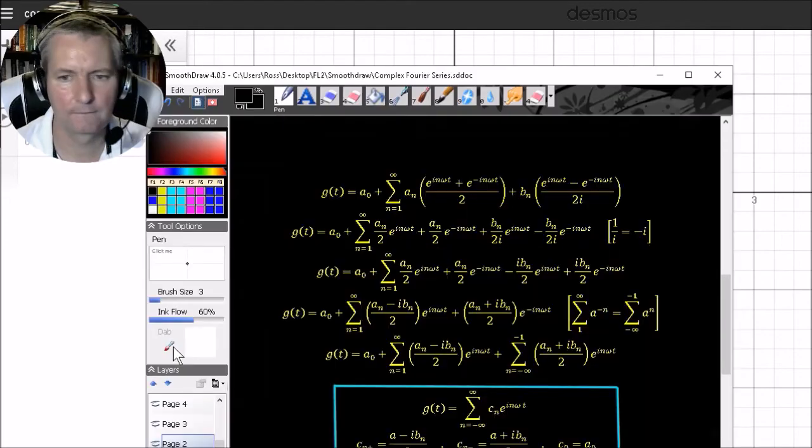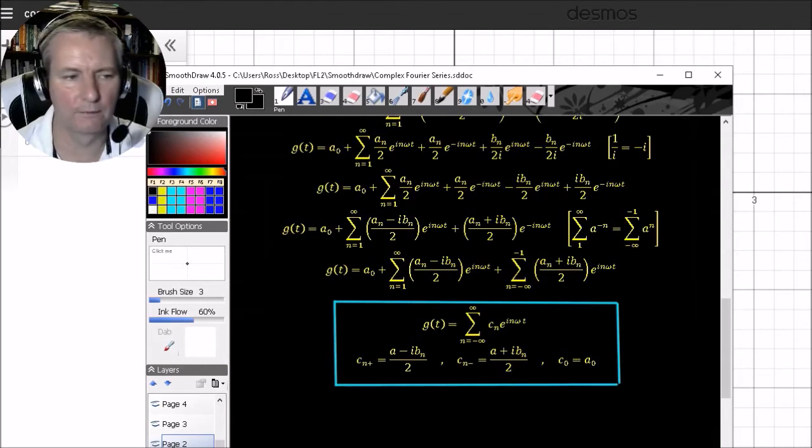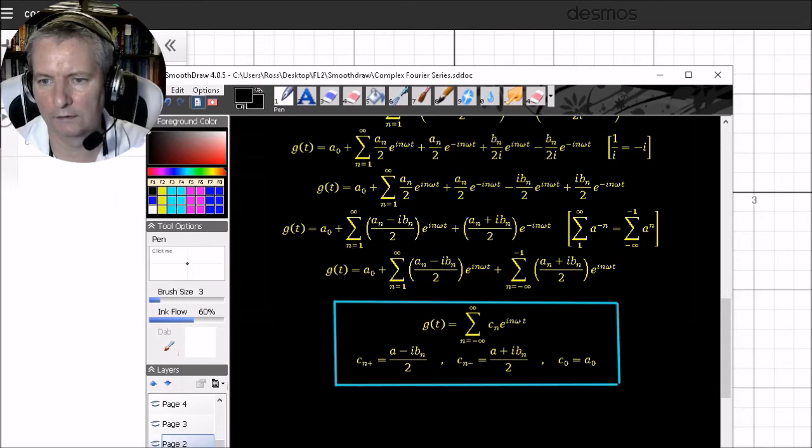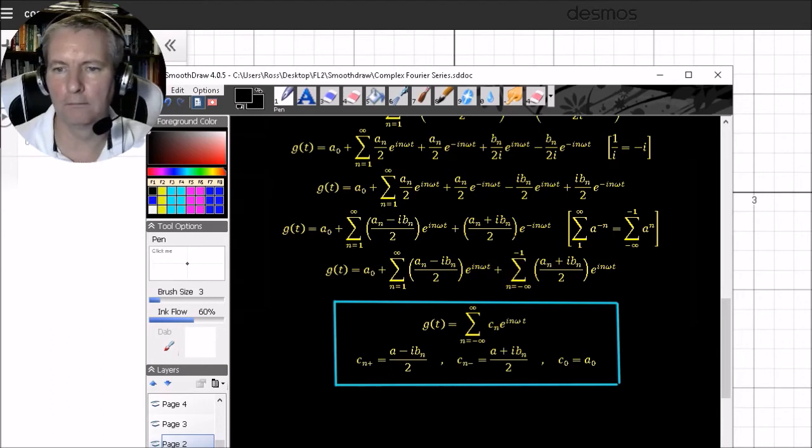Okay, and the one thing to note is that there's a cute little mathematical trick here. We don't want to be dealing with e to the minus i n omega t and plus i n omega t. We only want one value, so the one value we get is e to the i n omega t.